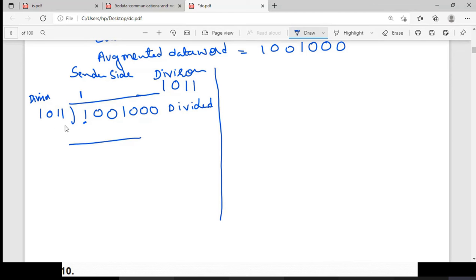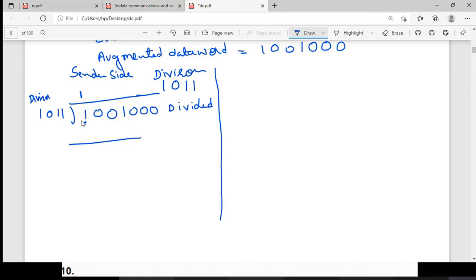So till here everybody has written the divisor and dividend. Now the division process starts. How to do the division here? You check the leftmost bit of whatever bits you consider first for division. Here I am going to consider 4 bits for division, because I have a 4-bit divisor, so I consider the first 4 bits.